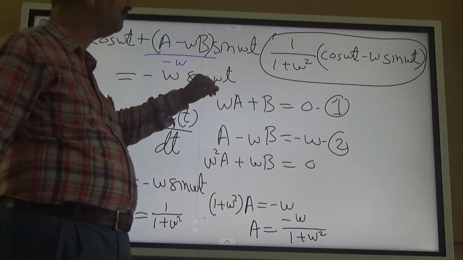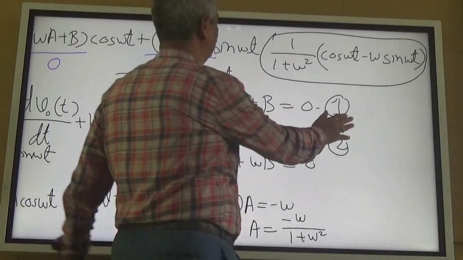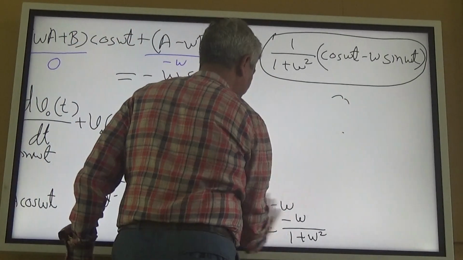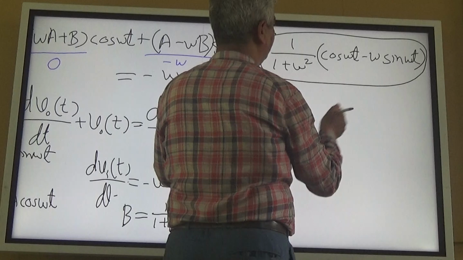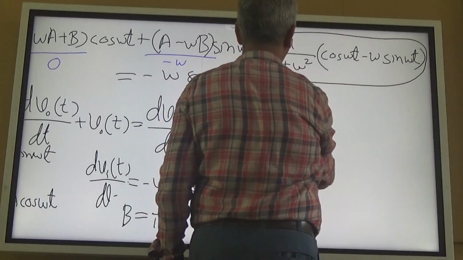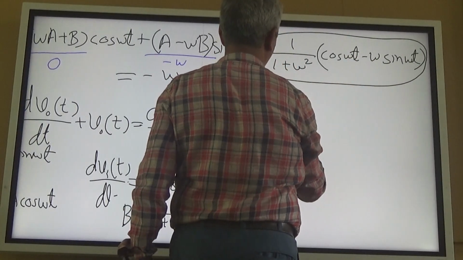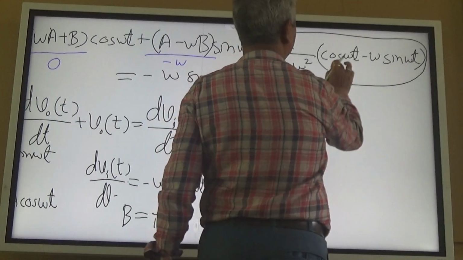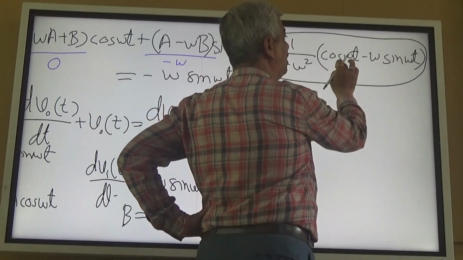So what will happen now? We can put it together. So what we get is 1 upon (1 plus omega square) into the bracket of cos and sine. What is it?